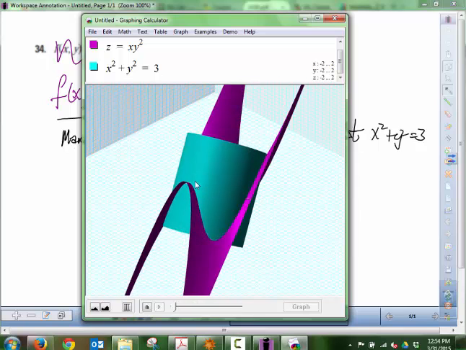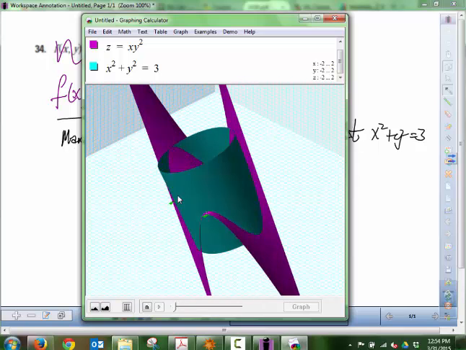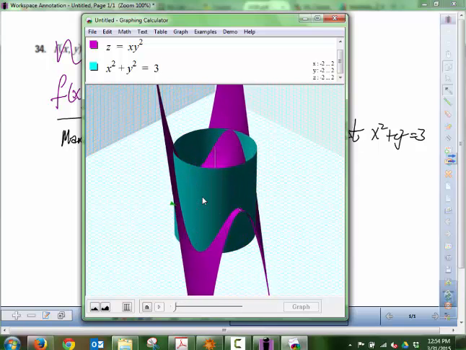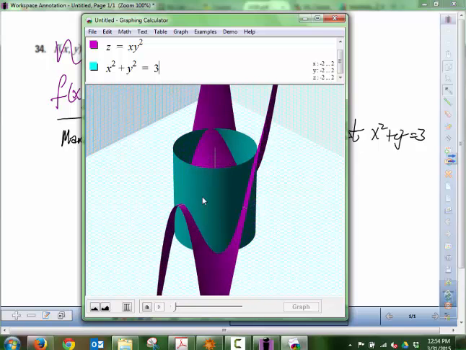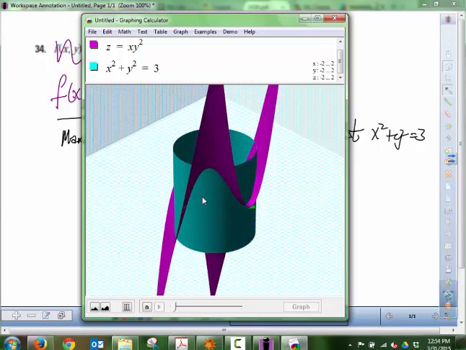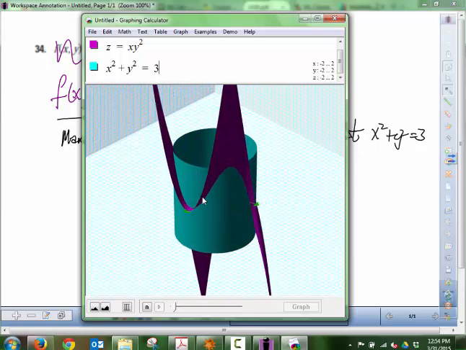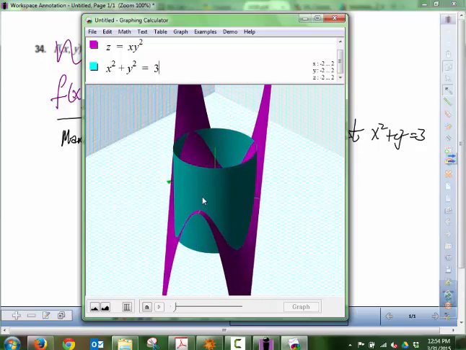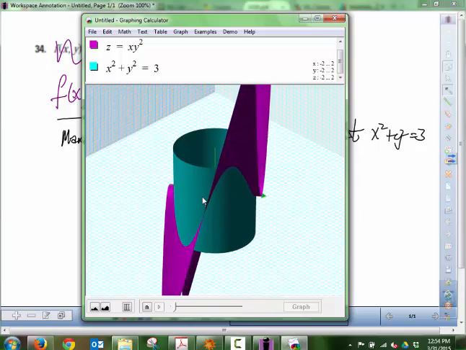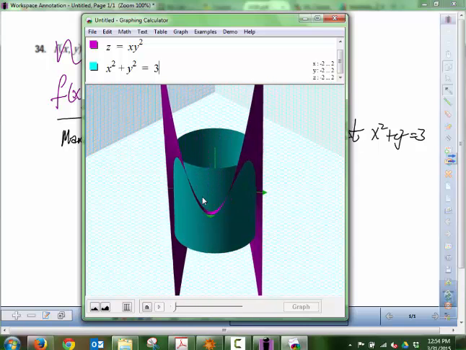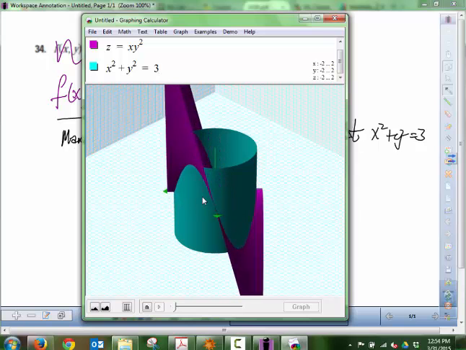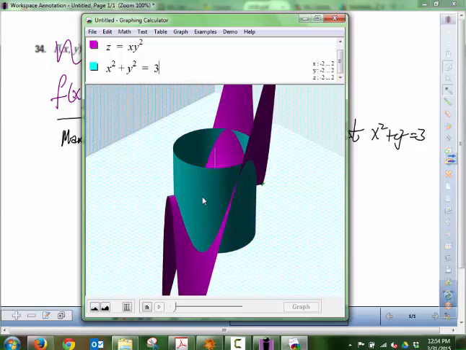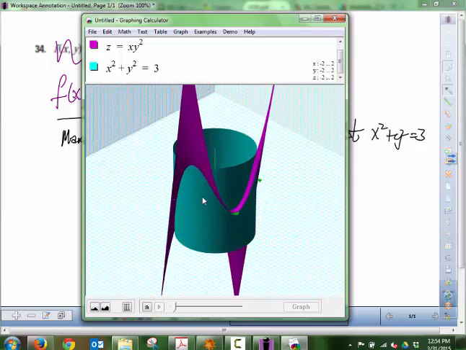If you look at where these graphs intersect, you can see high points and low points, right? That's what we're interested in. We're essentially interested in finding those critical values. One way to do this is to parameterize the intersection, and then in that parameterization, I can try to find the maximums and minimums.